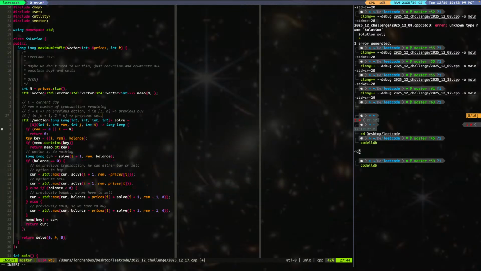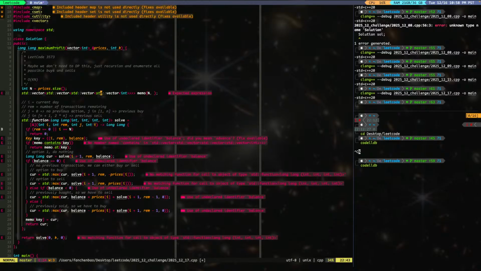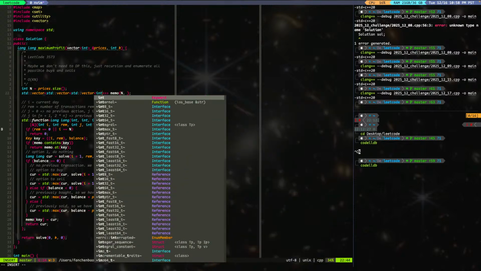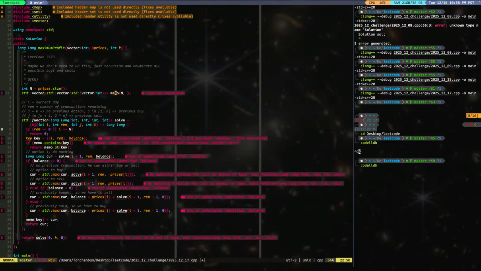Previous sell. So in that case, I can simplify one of them just into an int. Right, so memo, first level is n, which is the, I don't need t. Right, this is not necessary. Can remove one of them.